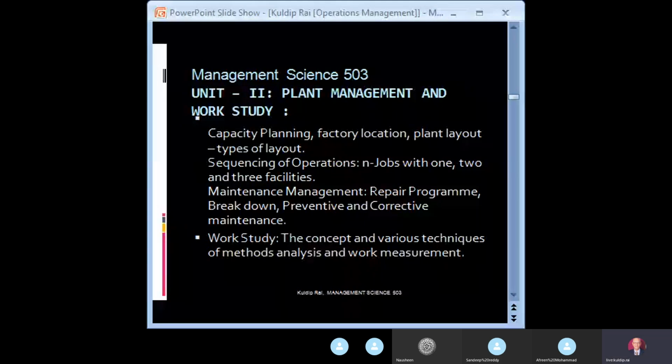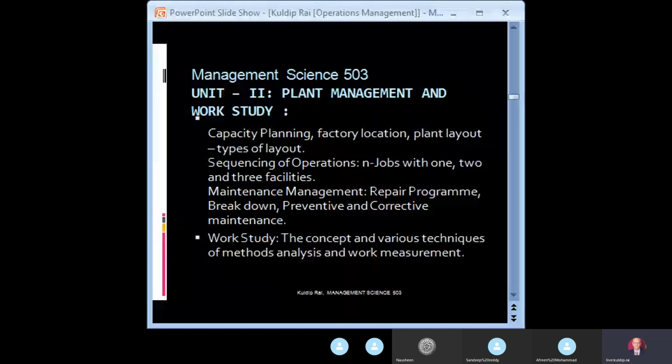In industrial engineering, we have other things also. Cost control also comes, cost reduction also comes, value engineering also comes. So work study plus a few more subjects form the subject of industrial engineering.